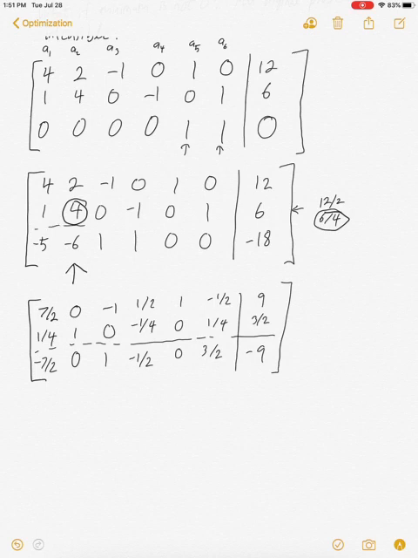So let me separate out the bottom row to show that it's the reduced costs.